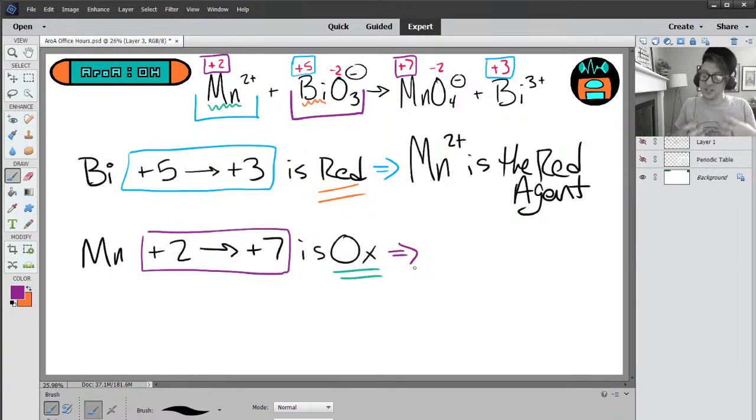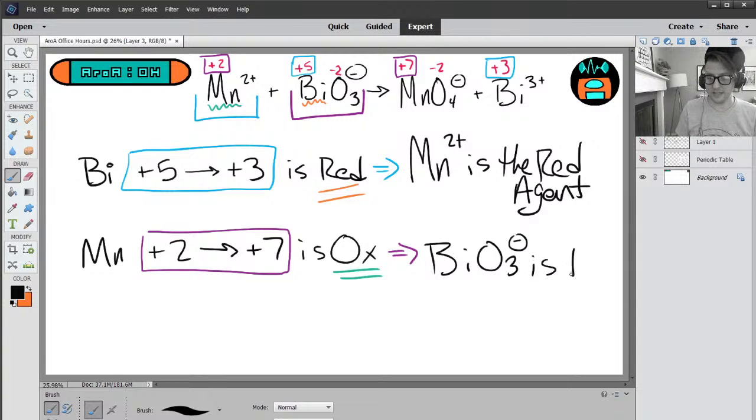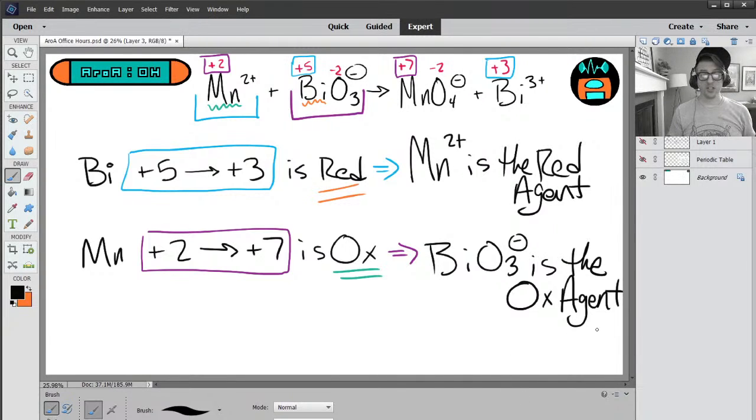Is the reactant causing that oxidation? So we say that BiO3- is the oxidizing agent. All right? So that is how you assign oxidizing agent and reducing agent.